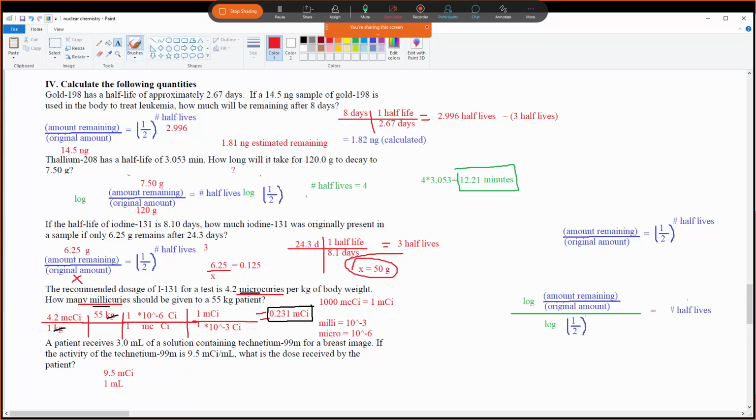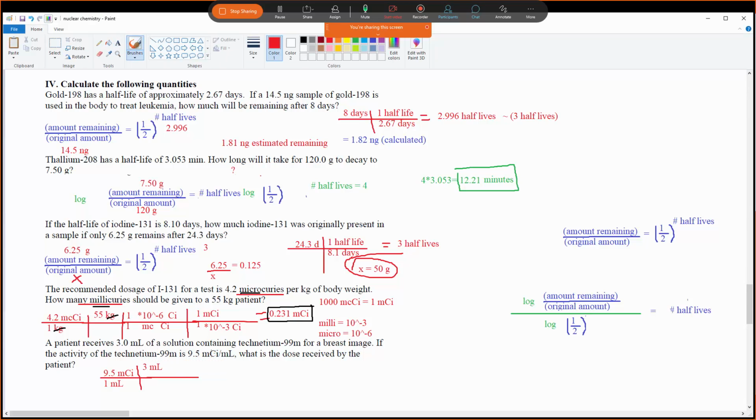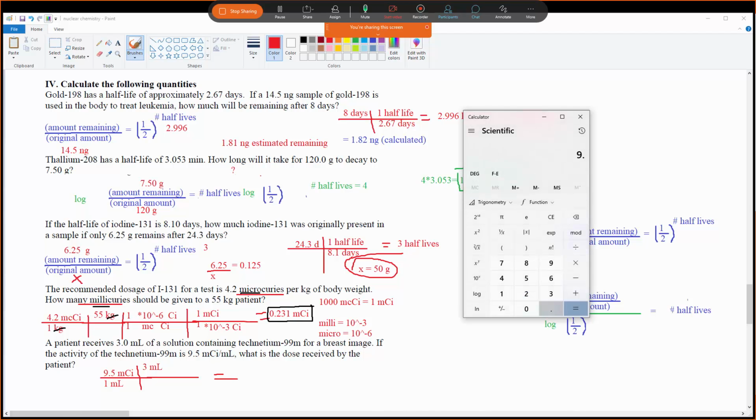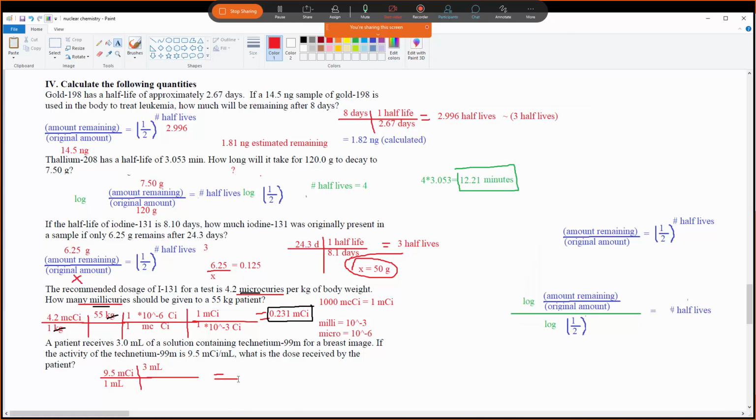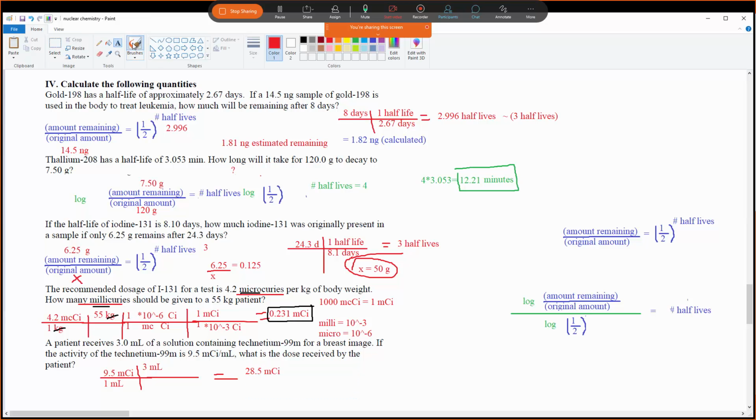And if they received a 3 milliliter dosage, this one's easy, then 9.5 times 3 equals 28.5 millicuries dose that was received by the patient.